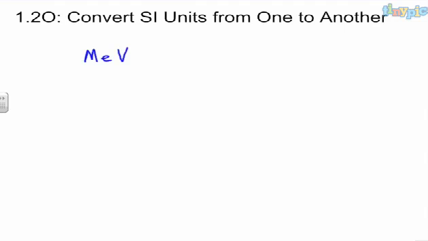Well, before we get going too far, just to let you know, an electron volt, eV, is a unit of energy. It's equal to the energy gained if you had a 1 volt potential between a couple of plates. So let's take 2 electric plates.